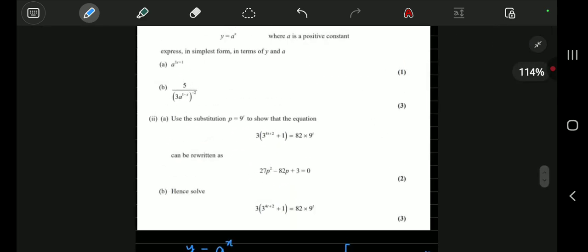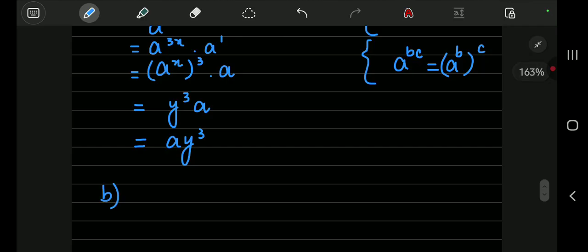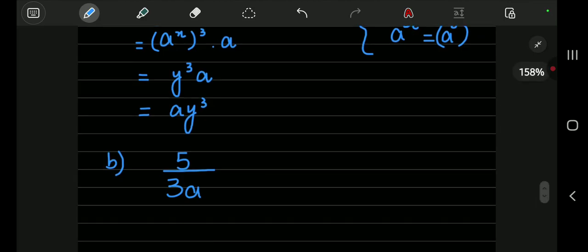Now part B is 5 over (3a^(1 minus x)) whole power minus 2.